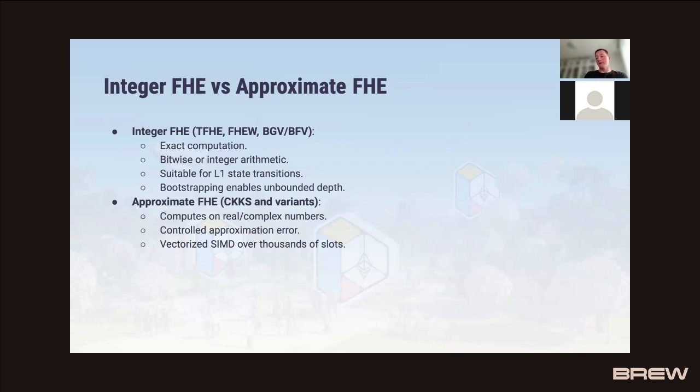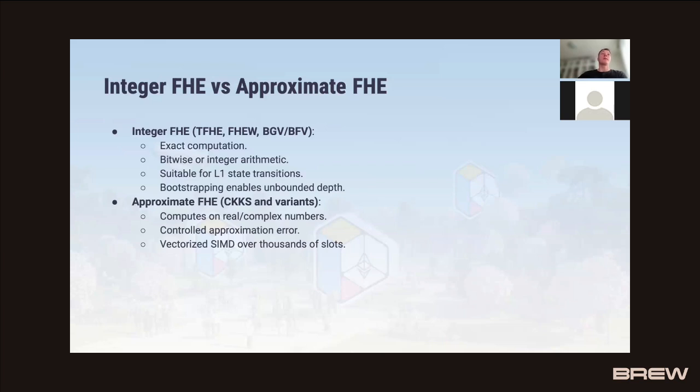So if you remember what I was showing, with a big smart contract being a separate FHE circuit, that's not such a problem for integer FHE because of this bootstrapping after each operation.